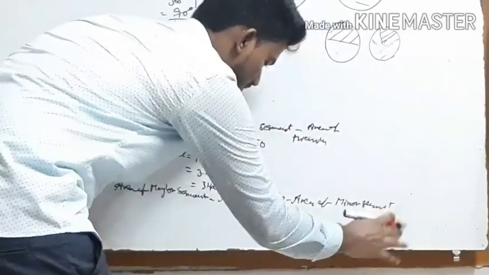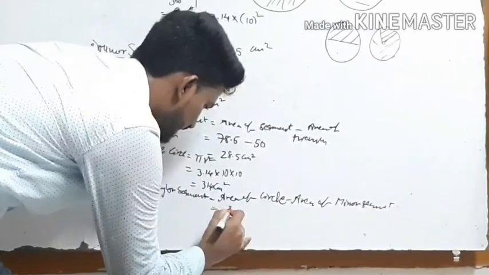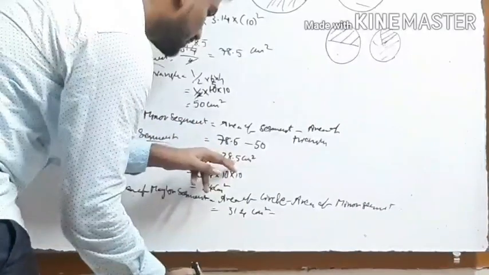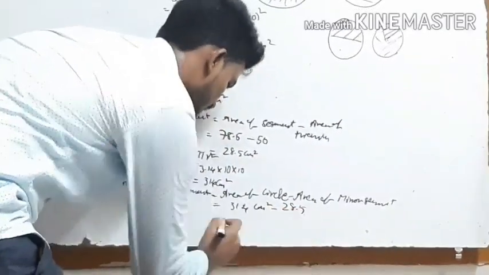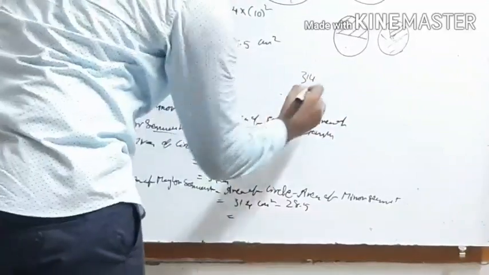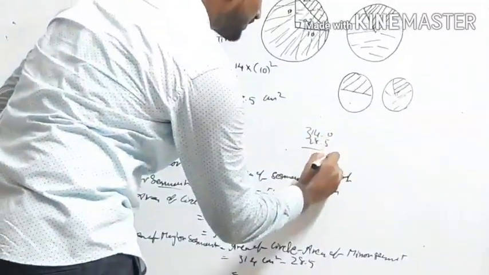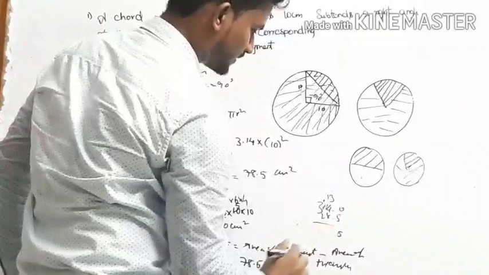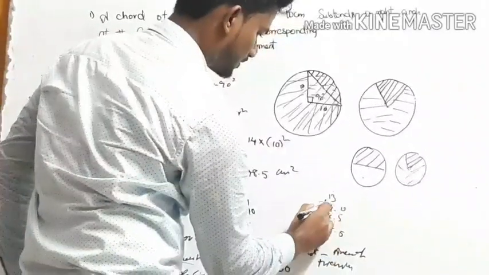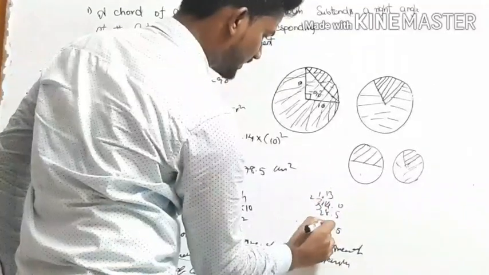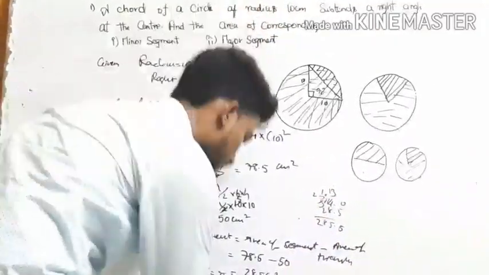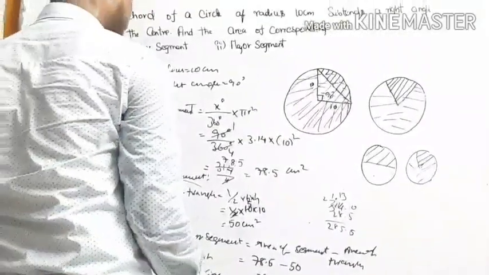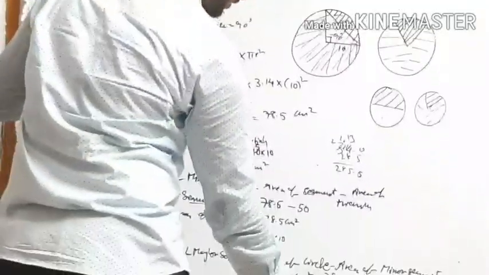The area of the circle is 314 centimeter square minus the area of the minor segment, 28.5. That is 314 minus 28.5, which is 285.5. So 285.5 centimeter square is the area of the major segment. And the problem is over.